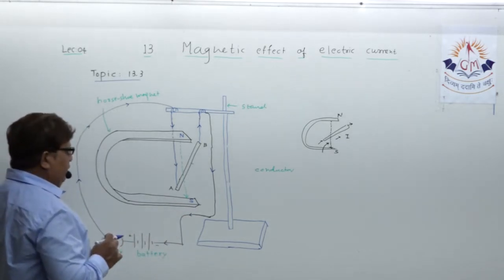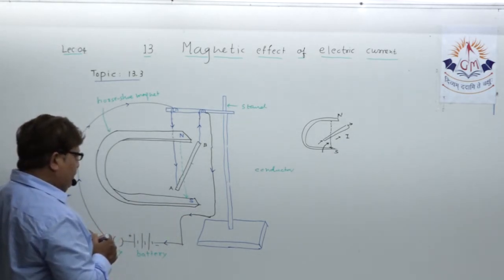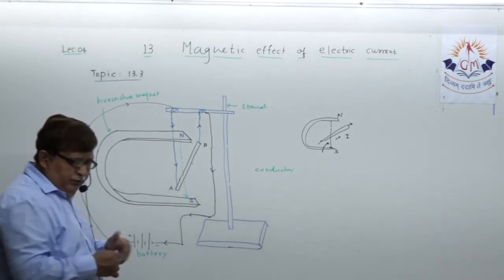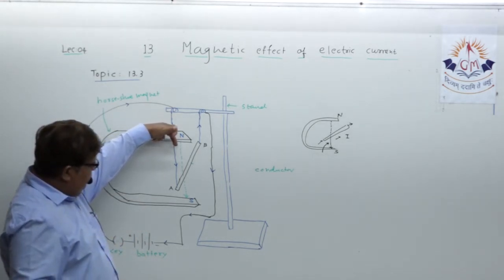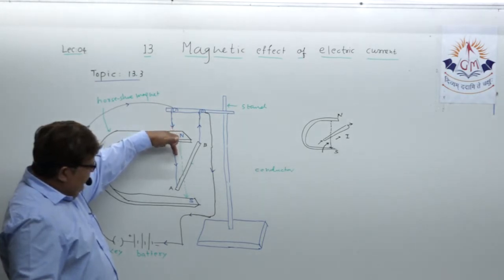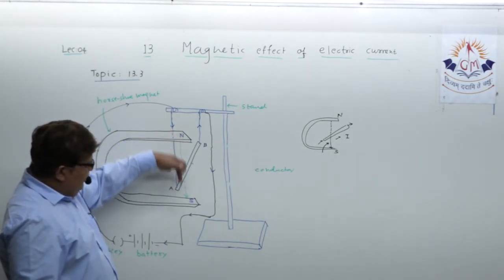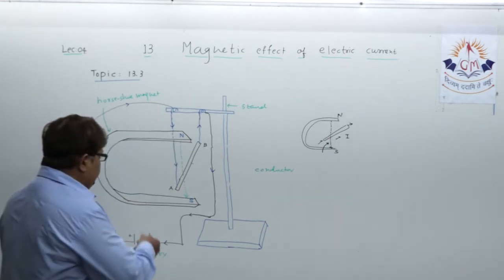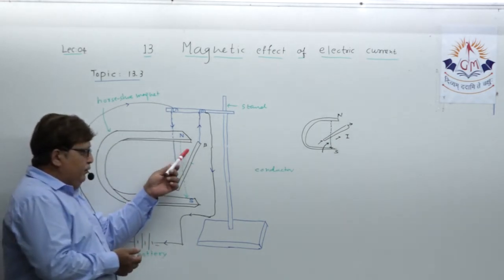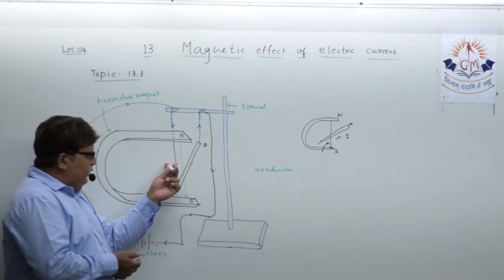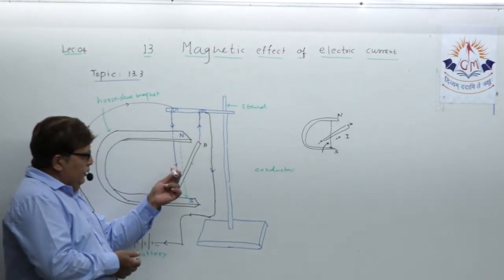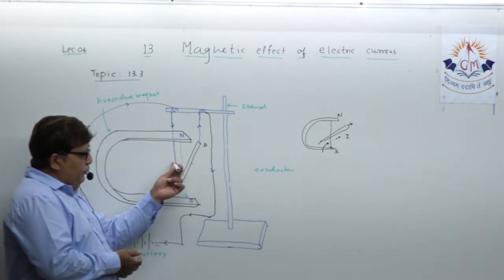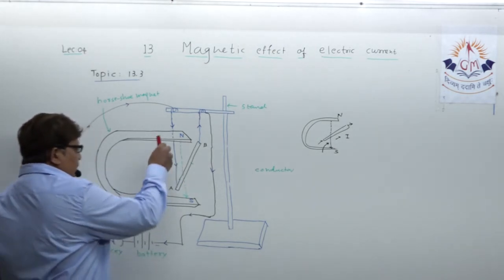Now what I want to explain is that, just try to look at the diagram. This is the direction of the magnetic line. I have shown the conductor this way, but I have kept it in this way, an aluminum rod. This is the direction of current. Both are perpendicular to each other.